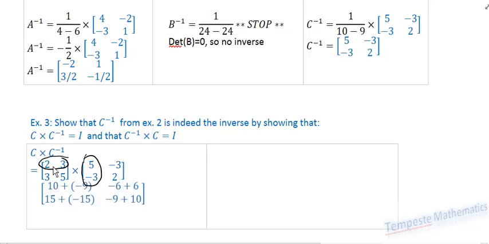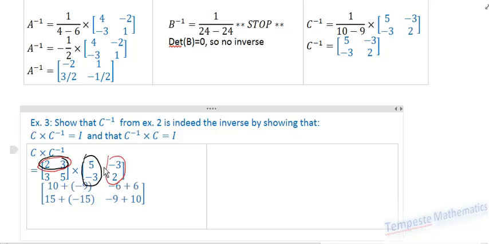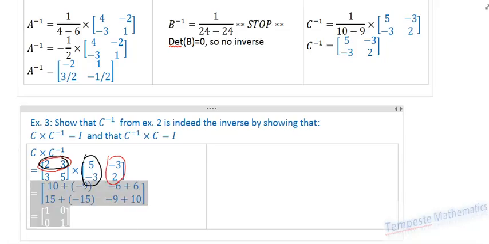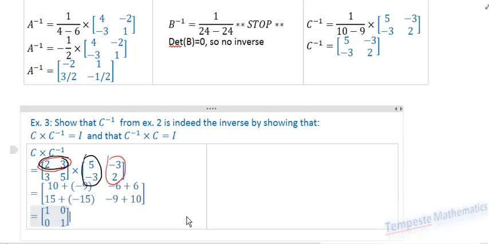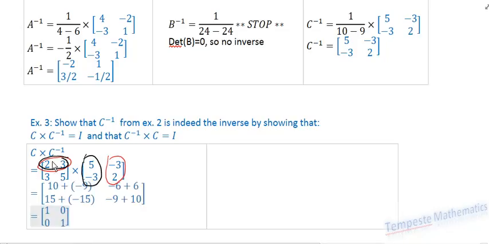When we go to the next, 2 times 3, negative 3, 2, we get negative 6 plus 6, and so forth. You might be doing the addition in your head right now, but you would find that in the end we do get the identity. So 2 times 5 gives us the 10, 3 times negative 3 gives us the negative 9, and they have a sum of 1.